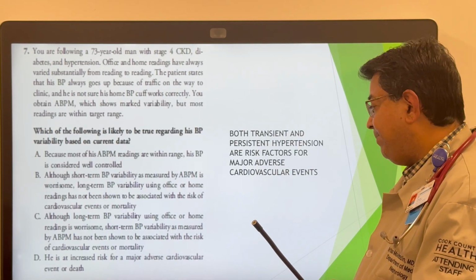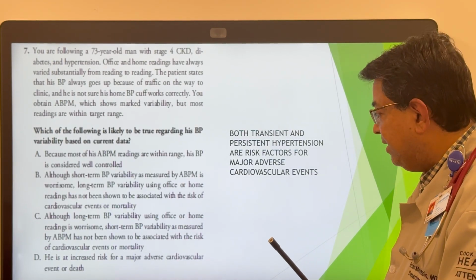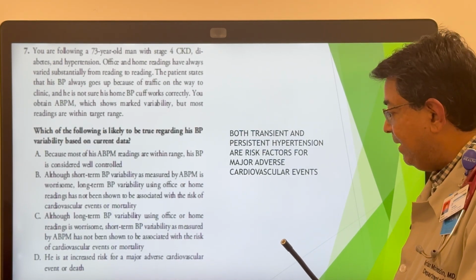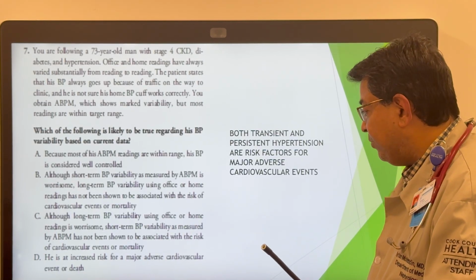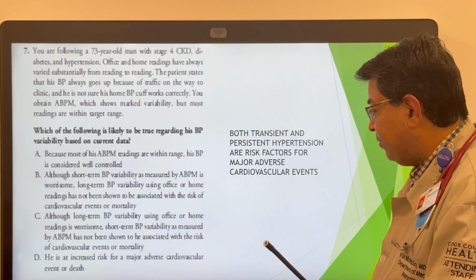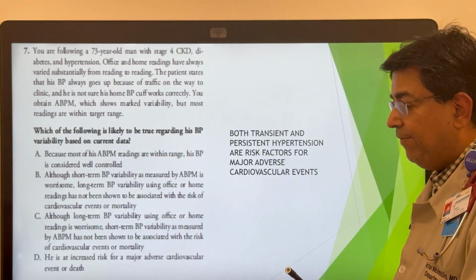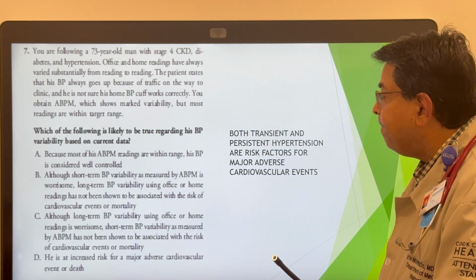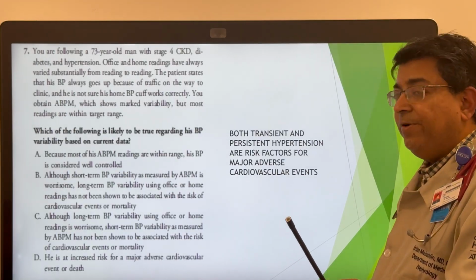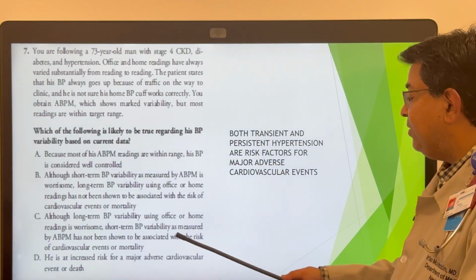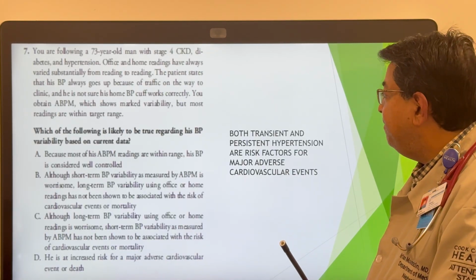Although long-term blood pressure variability using office or home readings is worrisome, short-term blood pressure variability as measured by ambulatory blood pressure monitoring has not been shown to be associated with the risk of cardiovascular events or mortality. Or he's at increased risk for a major adverse cardiovascular event or death. And studies have shown that even short-term variability in blood pressure is associated with adverse cardiovascular events. Next slide.